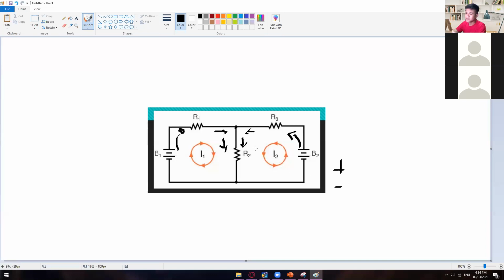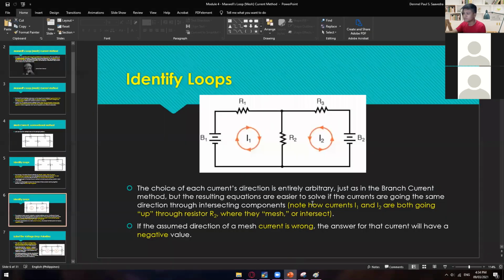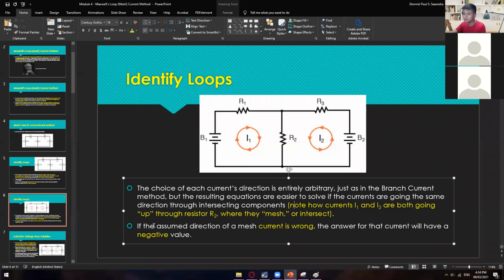So in here, it's better to have the same flow of current on the intersection part, so that they will just add up with each other. All right. Just note how currents I1 and I2 are both going up through resistor R2, where they mesh or intersect. If the assumed direction of a mesh current is wrong, the answer for that current will have a negative value.